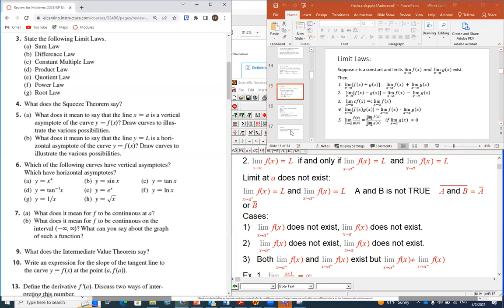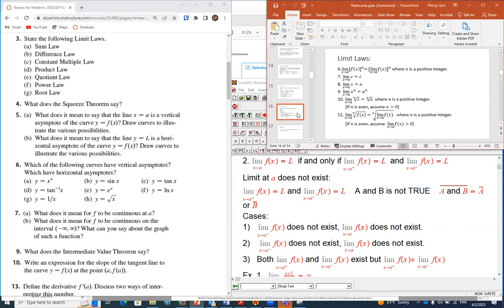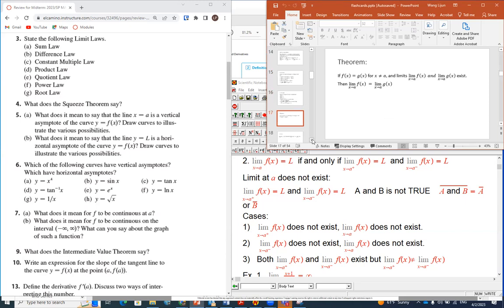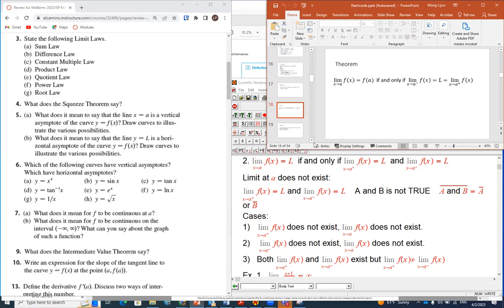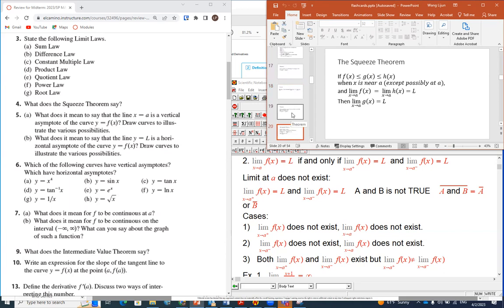squeeze theorem. Squeeze theorem is a very important theorem, needless to say. We have another theorem, which the proof of the squeeze theorem used. So this is the squeeze theorem.